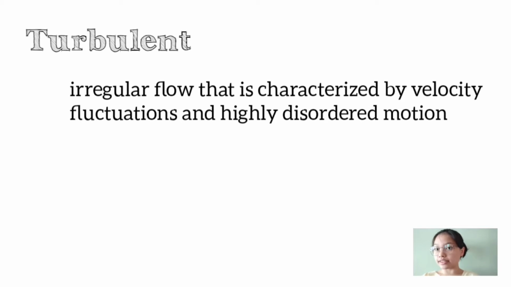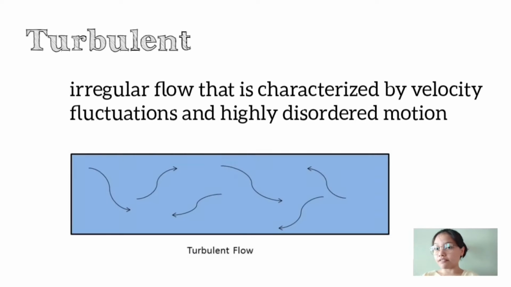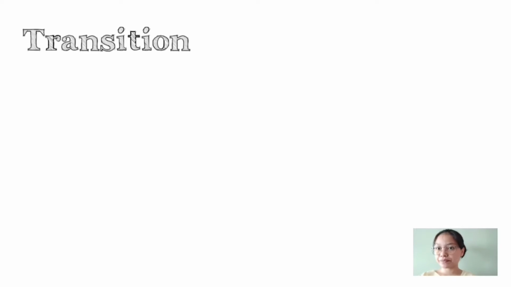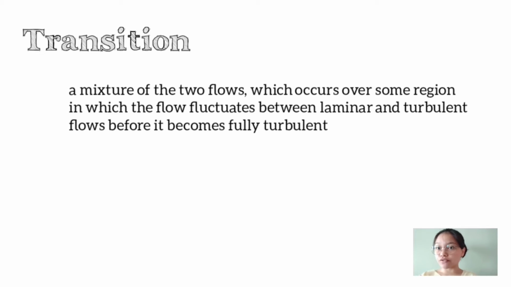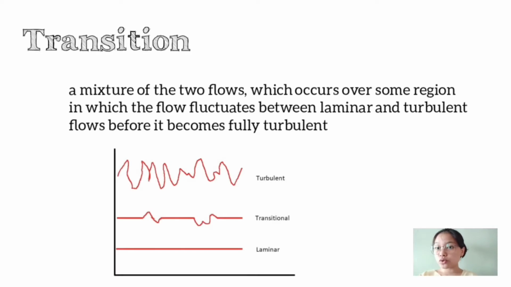Turbulent flow: an irregular flow characterized by velocity fluctuations and highly disordered motion. Transitional flow: a mixture of the two, which occurs over some region in which the flow fluctuates between laminar and turbulent flows before it becomes fully turbulent.